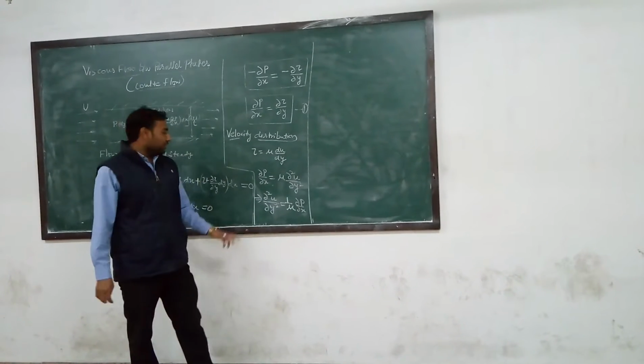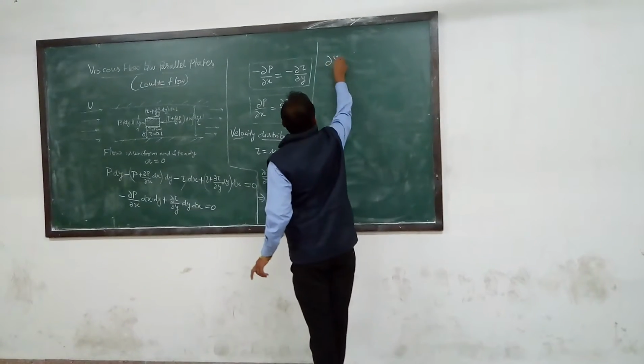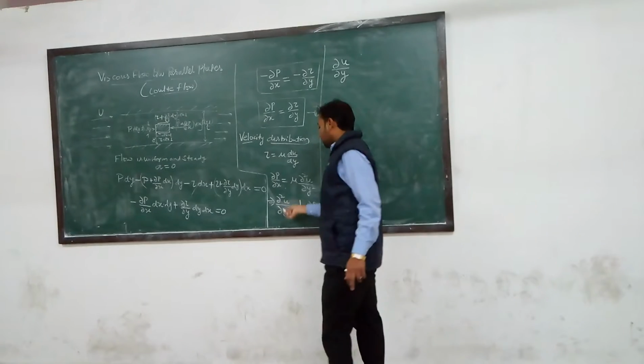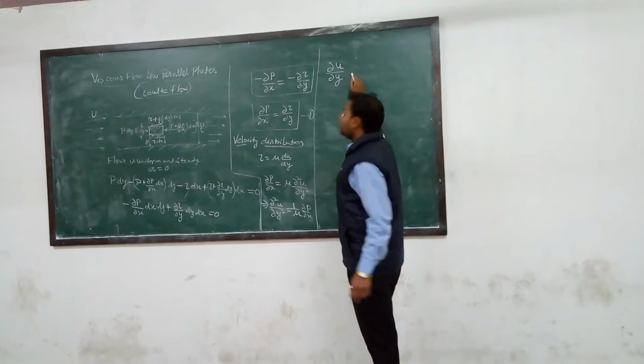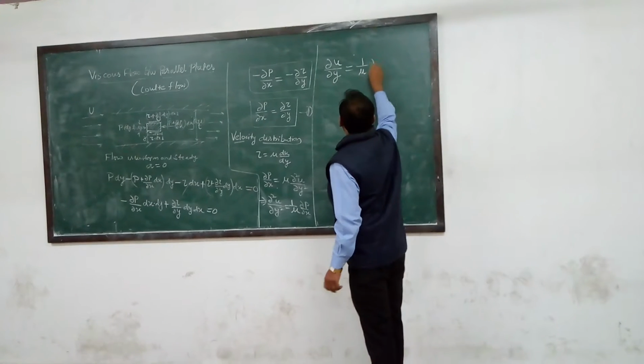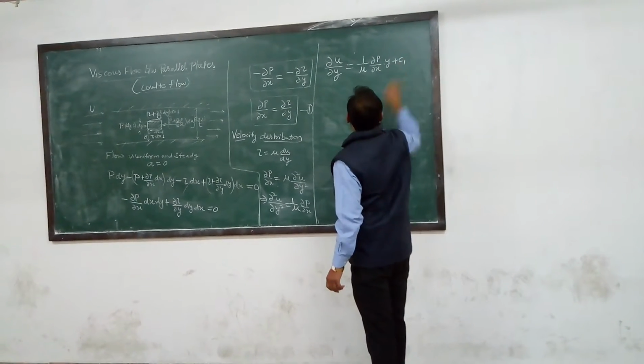Clear? Now integrate it. After integration, del 2u over del y squared becomes del u over del y is equal to 1 by mu del P by del x into y plus c1.